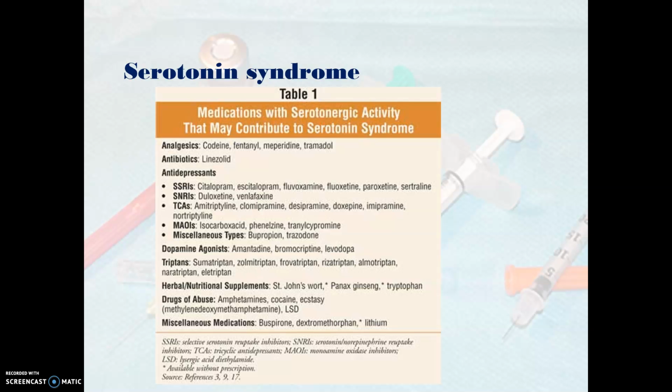So here's a long list: various analgesics, most other antidepressants, dopamine antagonists as you would expect, triptans, some herbal and nutritional supplements, drugs of abuse, and other miscellaneous medication. It's worth thinking about the main groupings and some of the more common drugs that people may be on in conjunction with their SSRIs.